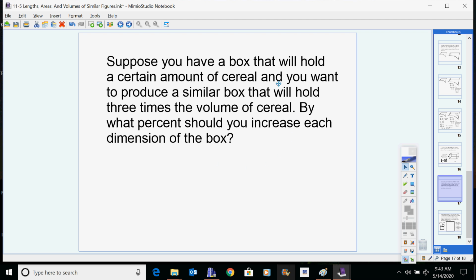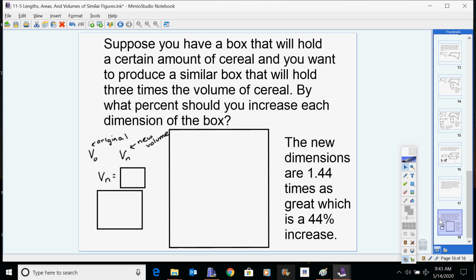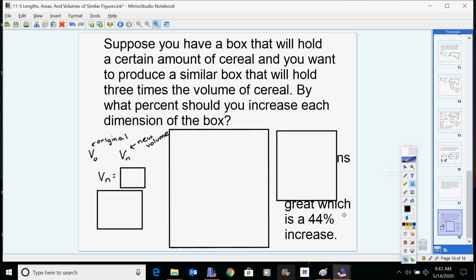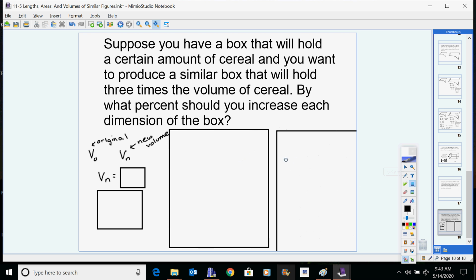Okay, so we're thinking about we need to hold 3 times the volume. And we want to find out what happens to each of the lengths, the length, the width, and the height. In order to make that work, here we have, I'm going to make a label, the volume of the original and the new volume.